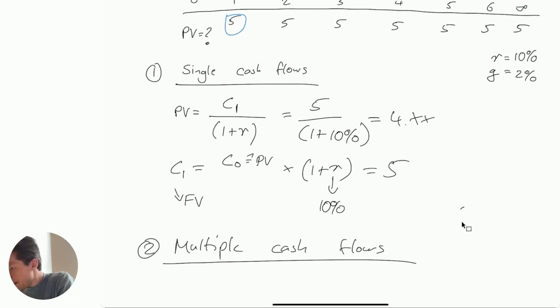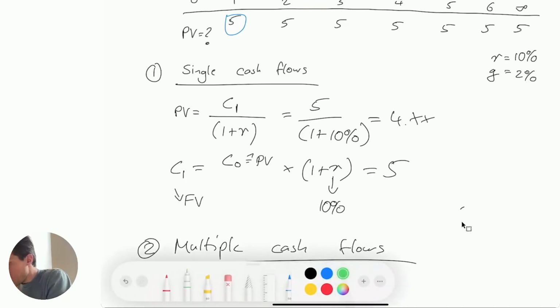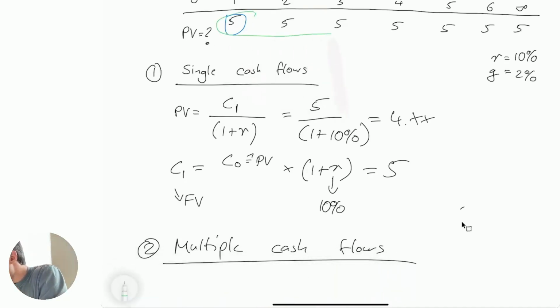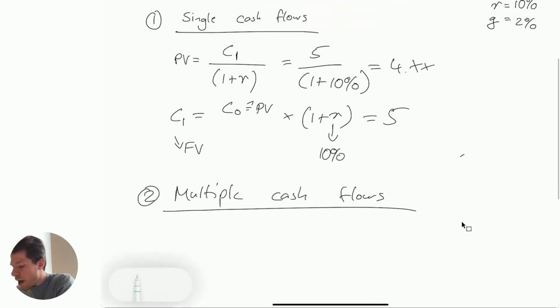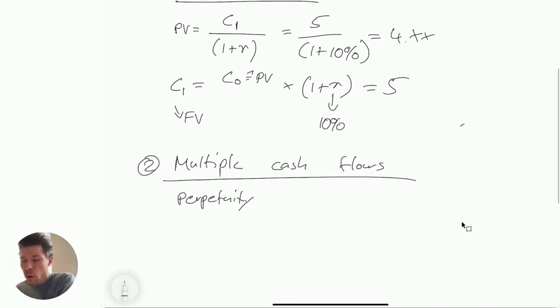If they go indefinitely, for example here, we start here and we say, okay, the cash flow of 5 goes on forever, then we call this perpetuity. It means it never ends.